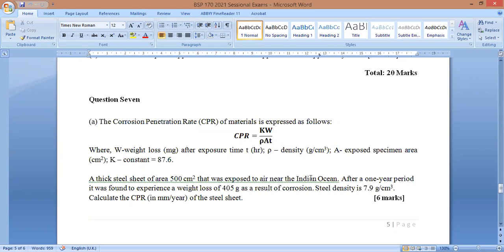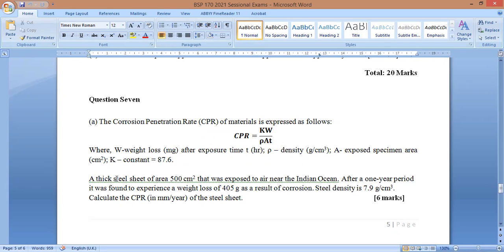Okay, so we have this question. The corrosion penetration rate of materials is expressed as follows. So you're given the formula, like in this case. Everything nicely explained. As you can see, you have a constant here. And then you have your question here.